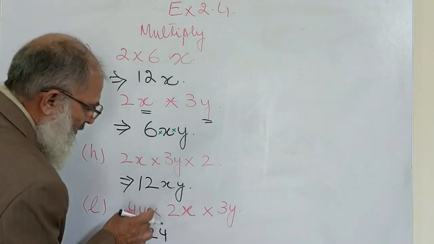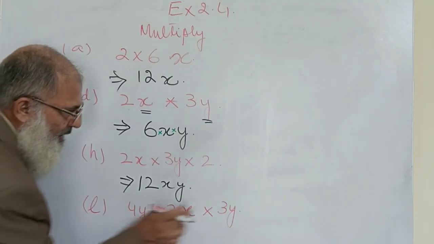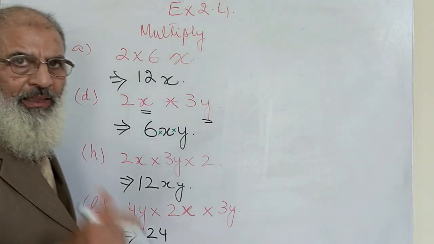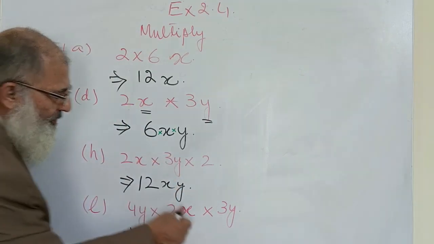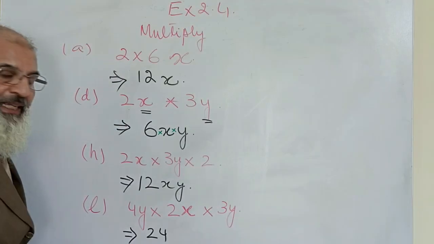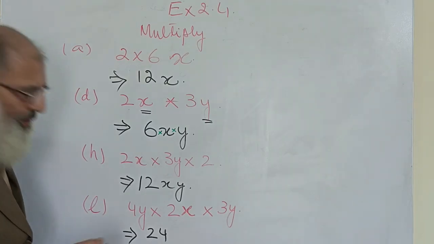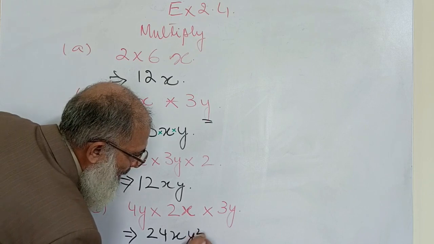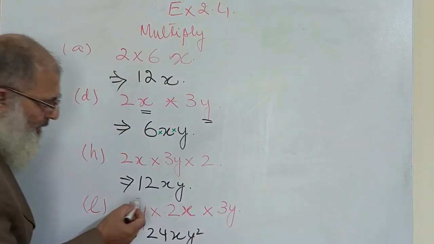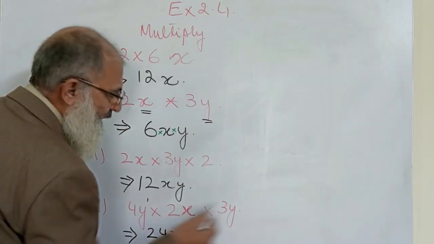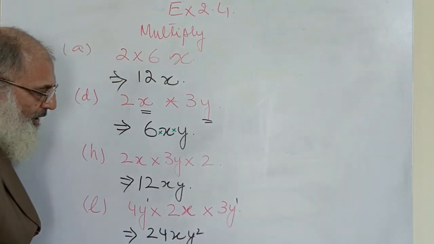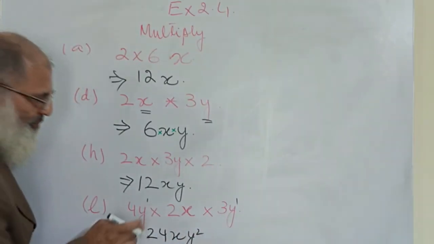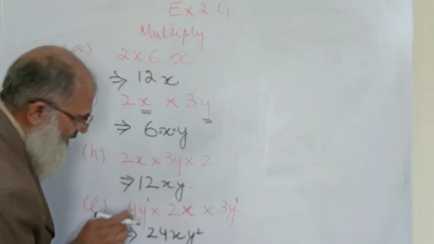Now, whether you write y first or x first, it is up to you. But there is a thumb rule that we write x first. So write x first and then y square, because y carries one index over here, y carries one index over here, and when these are multiplied, the bases are being multiplied.